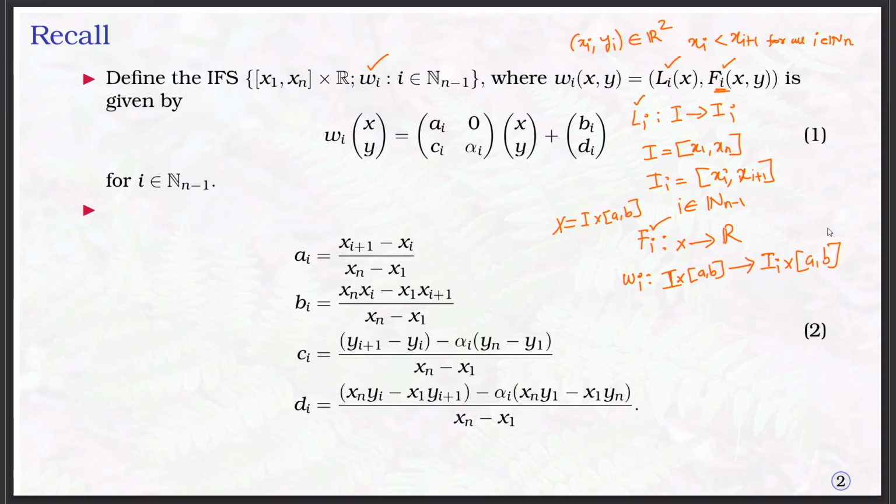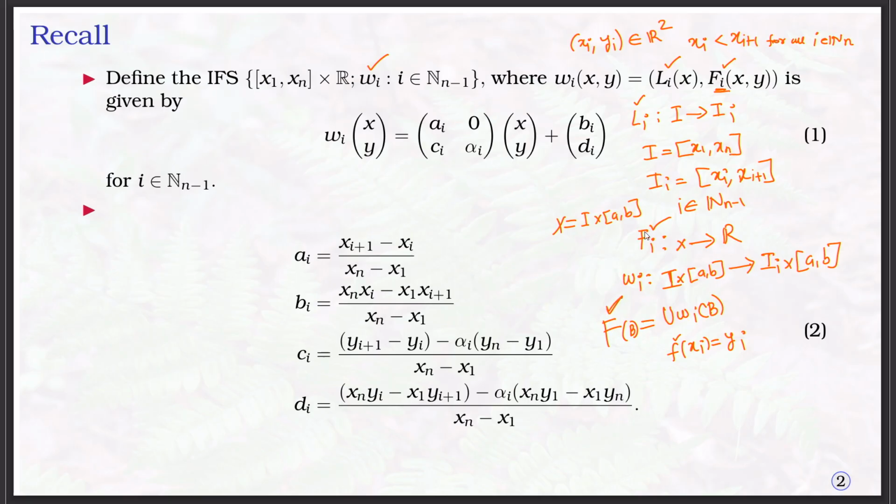Previously I wrote R, but we can take a comma b itself. Then by taking the union of all the Wi's, we can define the Hutchinson mapping F. Then we obtain that this Hutchinson mapping has a fixed point. That fixed point is the graph of a continuous function passing through the given set of data points, f of xi equal to yi, where f is the attractor of this Hutchinson mapping with respect to this iterated function system.